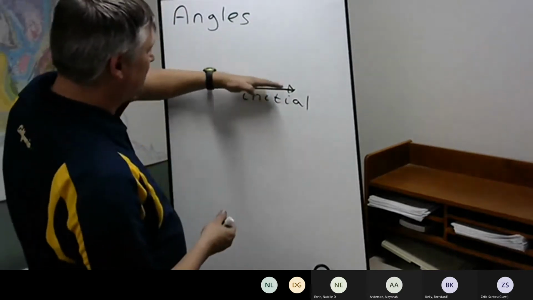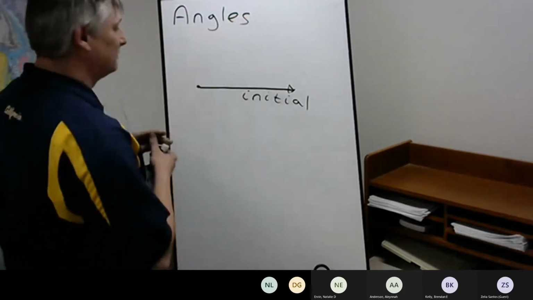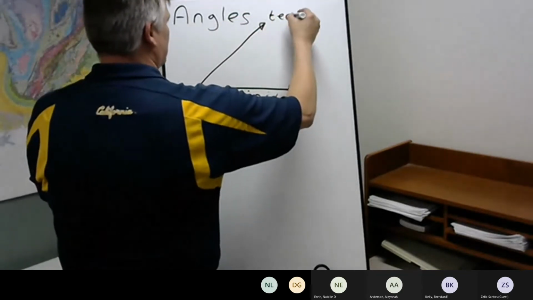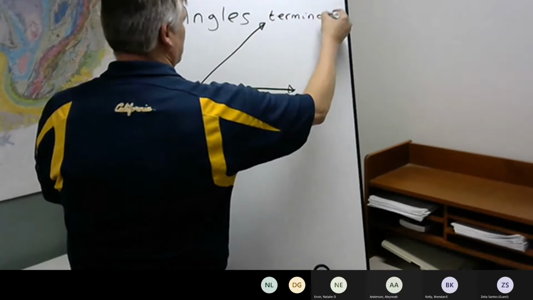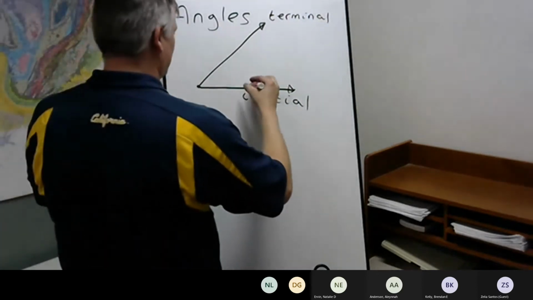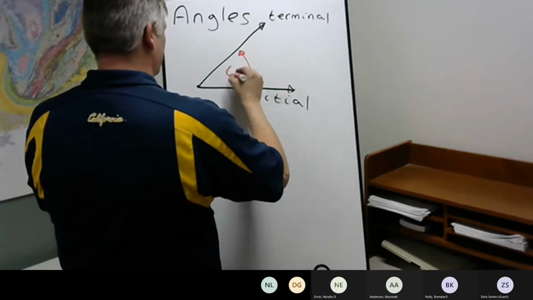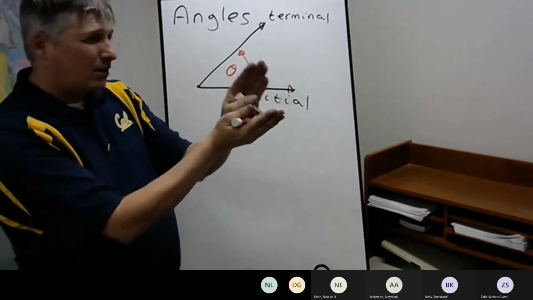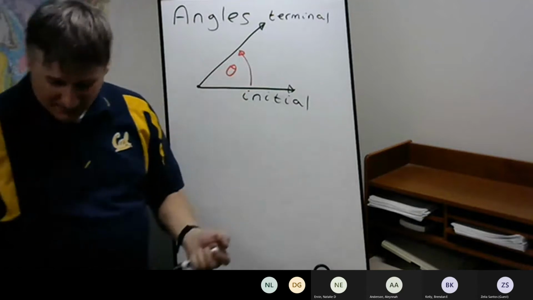So the idea is that the angle folds out like that, or rotates out. And so that's our angle theta. It's a measure of how much rotation that we have.